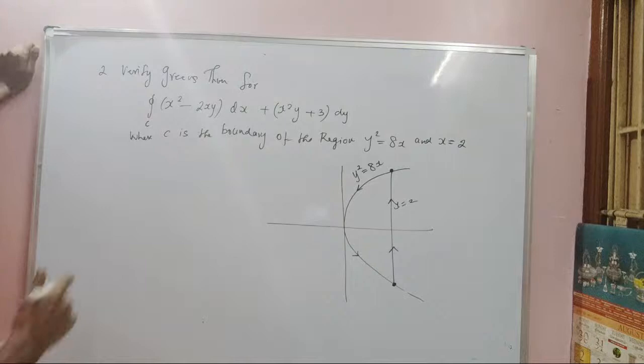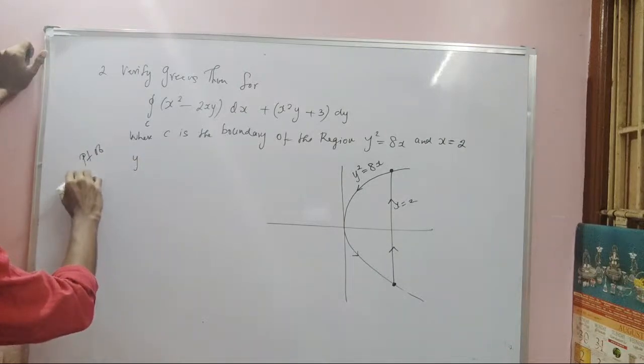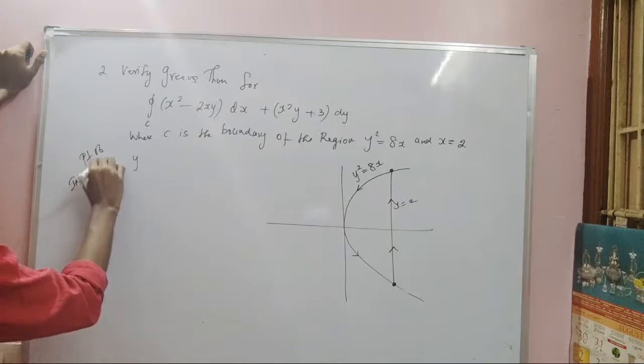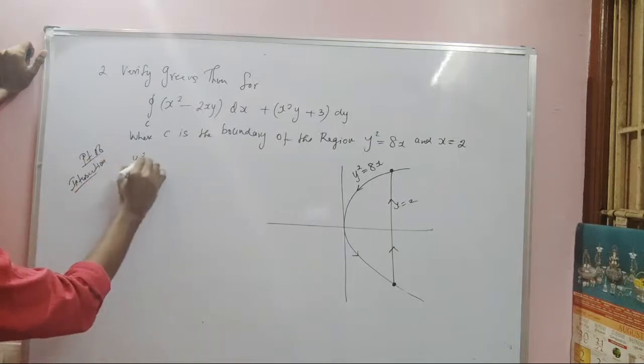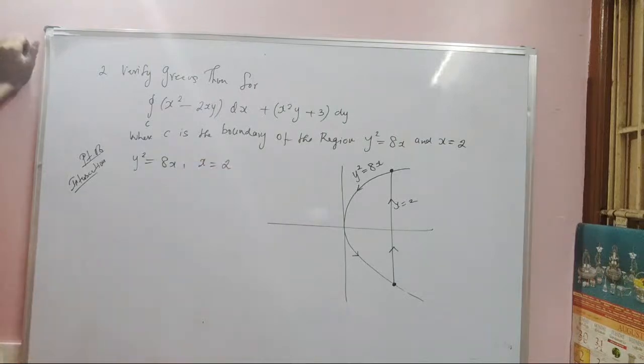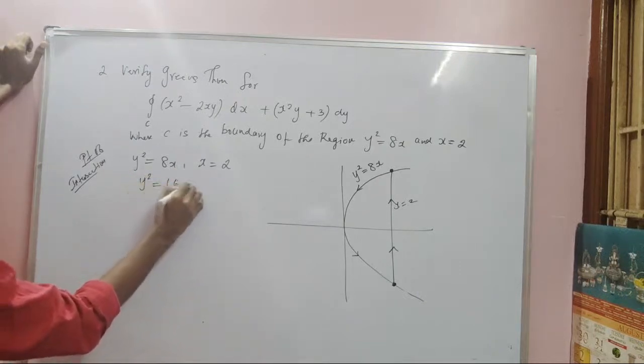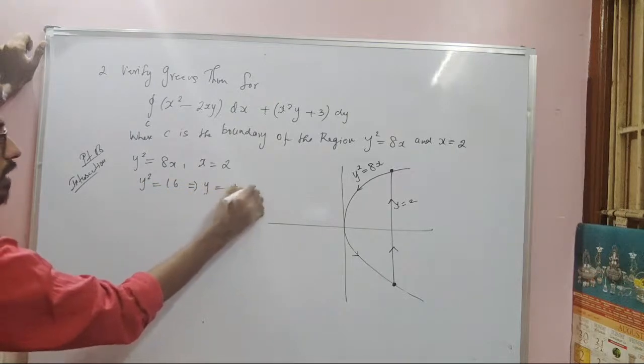So for the point of intersection, it is given that y square is equal to 8x and x is equal to 2. If I substitute x is equal to 2 here, we have y square is equal to 16, that means y is equal to plus or minus 4.